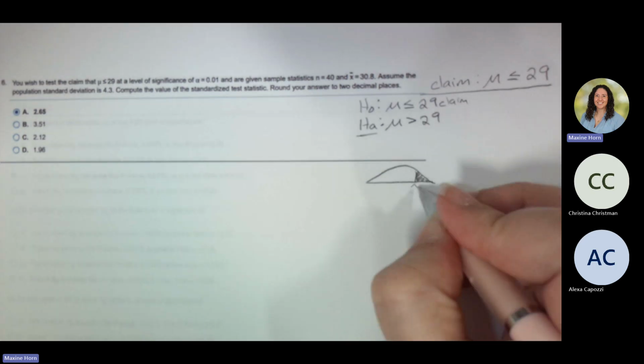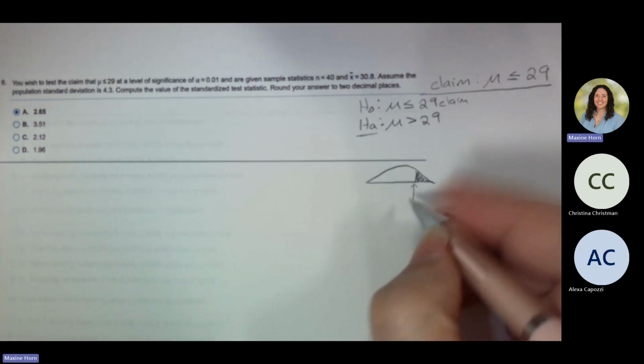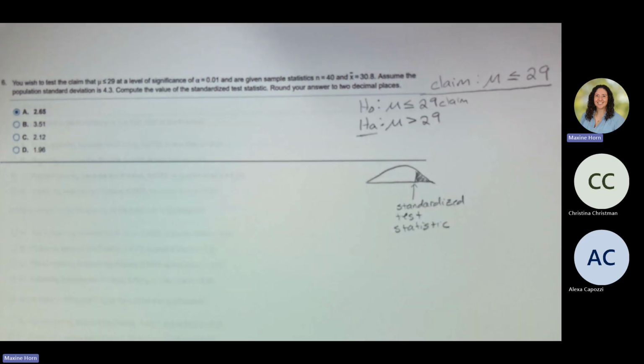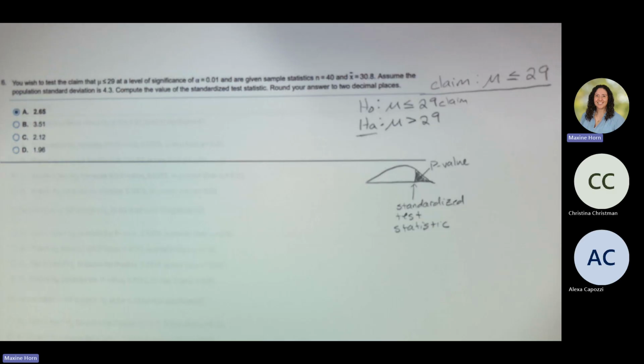Okay, so when they ask for the standardized test statistic, they're asking for the z-score that separates this shaded area from the rest. And this shaded area, the area of the shaded region, is your p-value.